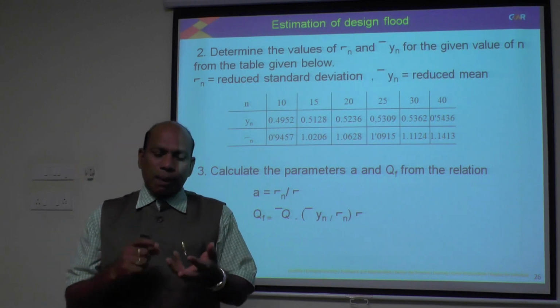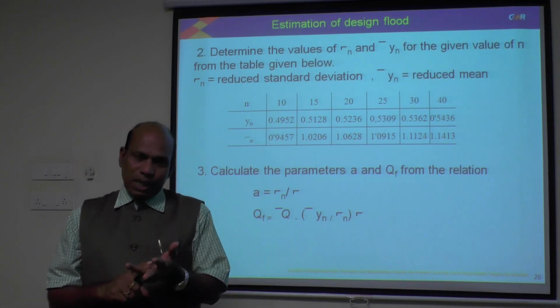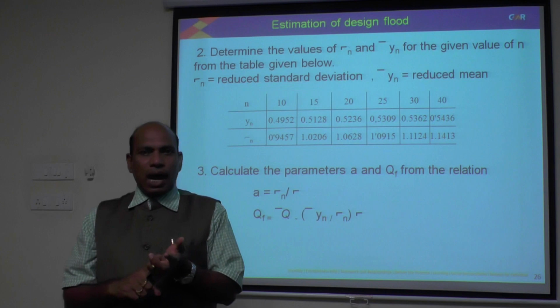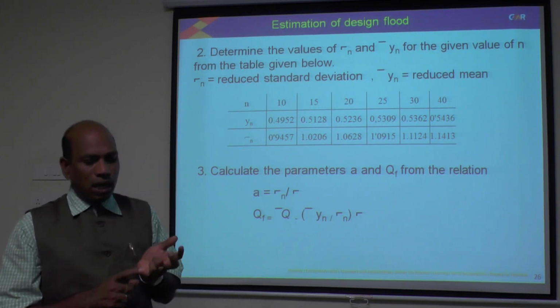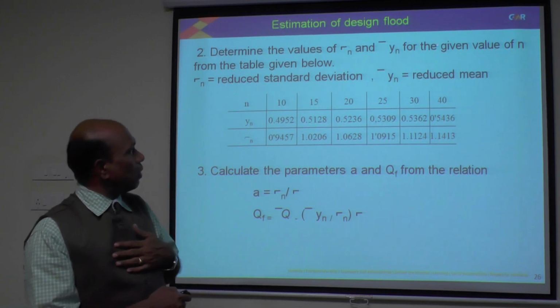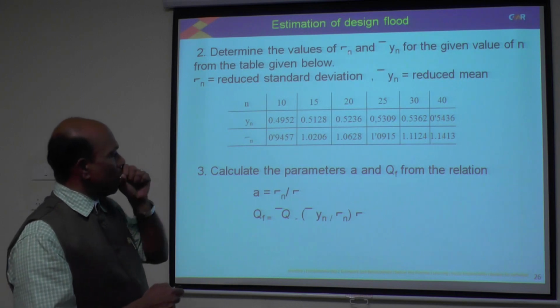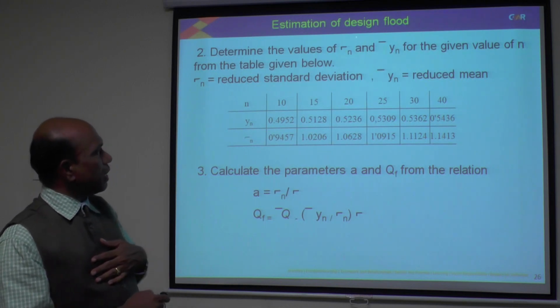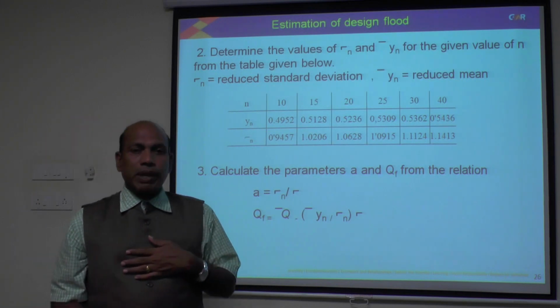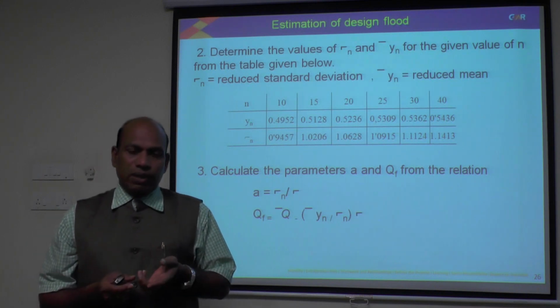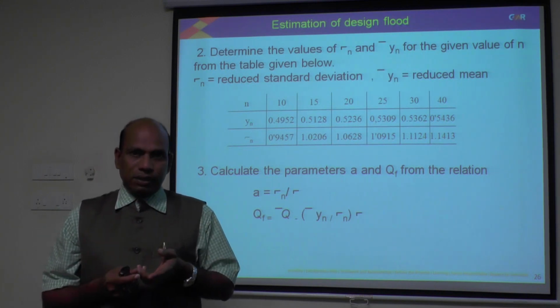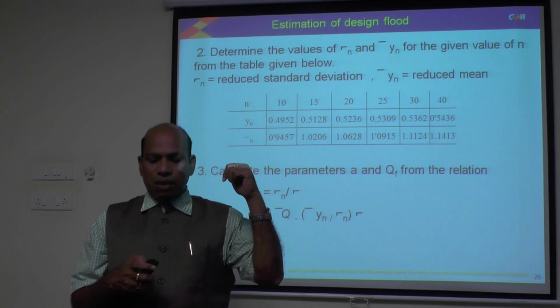Once we know the mean of the peak discharges and the standard deviation, we are going to estimate the reduced mean and reduced standard deviation. These are calculated by using the recurrence interval or return period. Based on the return period, these values vary.